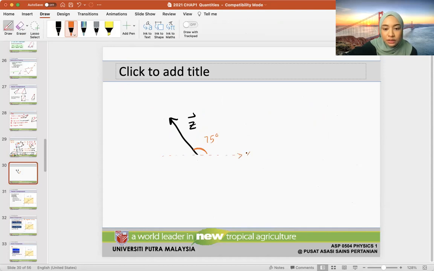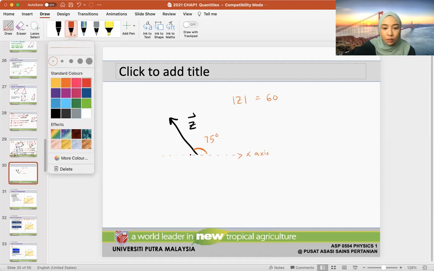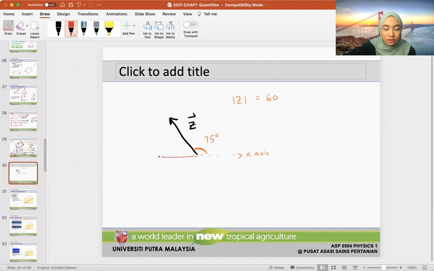This is with respect to the x-axis. And the magnitude of Z is, let's say, 16. So what am I expecting here? I'm expecting an X component over here, ZX, and a Y component over here, ZY.